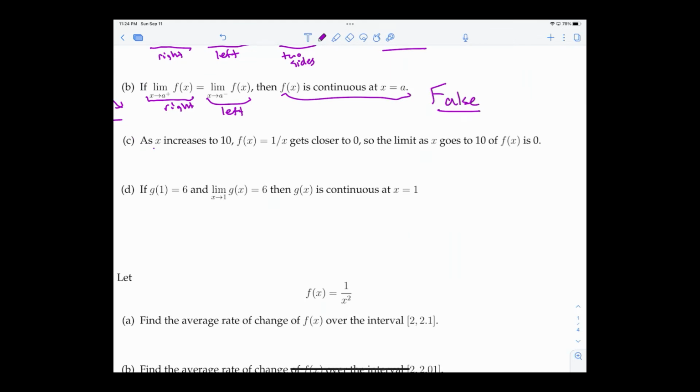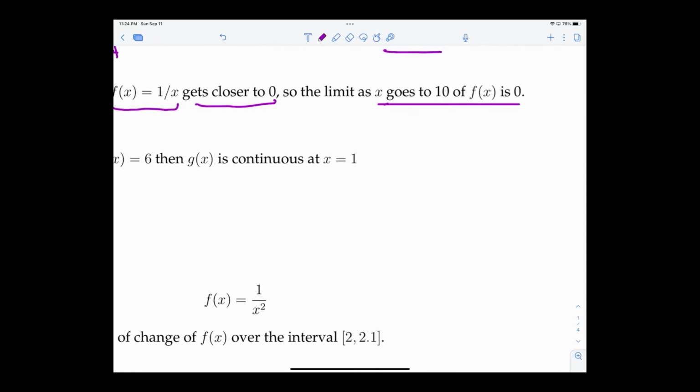As x increases to 10, f of x equals 1 over x gets closer to 0. That is true. But does that imply the limit as x goes to 10 of f of x is 0? No, that's not the case.